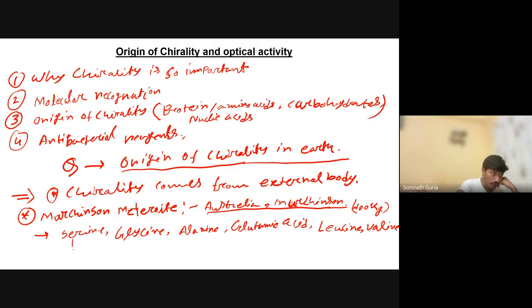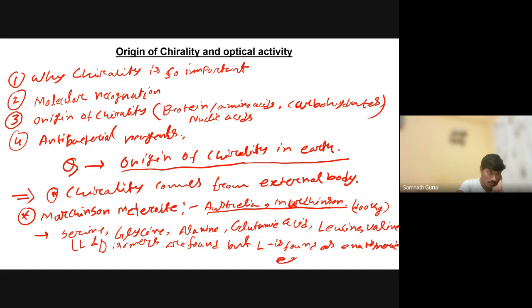All of them are present as both D and L isomers, but the L isomer is predominant, found as an enantiomeric excess.